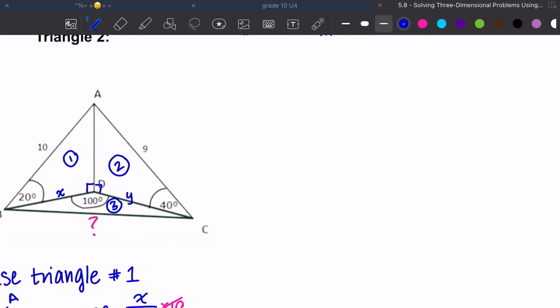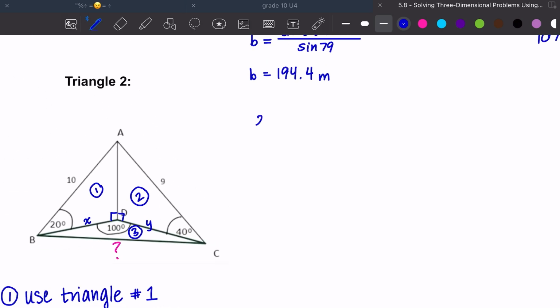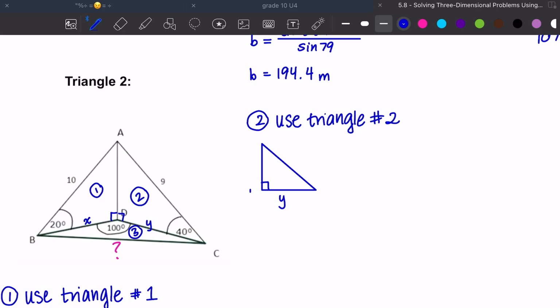So, okay, now I'm going to use triangle 2, which I'll label up here. Oh, I need space. So I'll do number 2. Same dealio, I'm going to draw its little diagram so I can isolate it on its own and see what I need to solve. This is y, this is 40 degrees, that's C, this is my A, and this is 9.